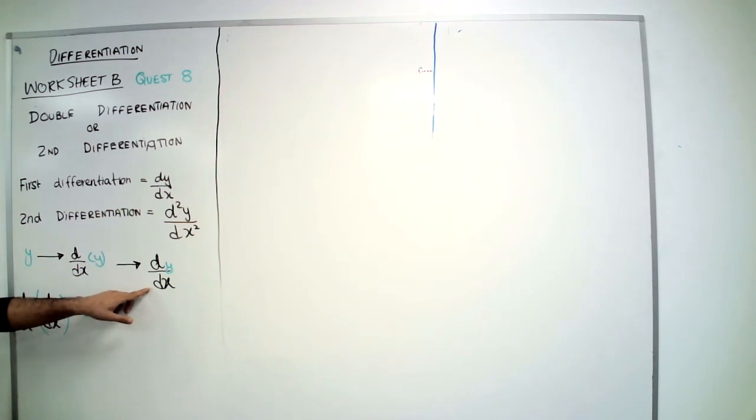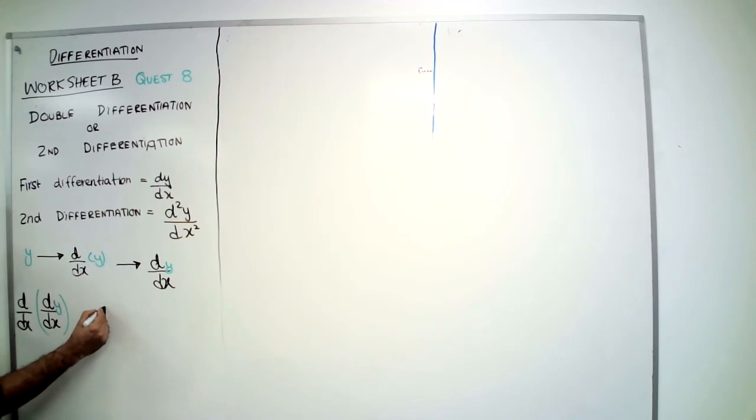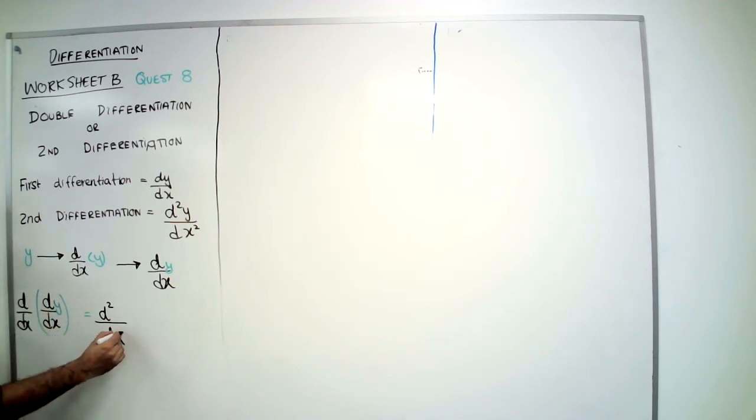The second differentiation we do like this. dy over dx was the first differentiation. We put another d over dx. When we put that one, d and d, that becomes the d squared. dx and dx becomes dx whole squared. But we don't write it like that.